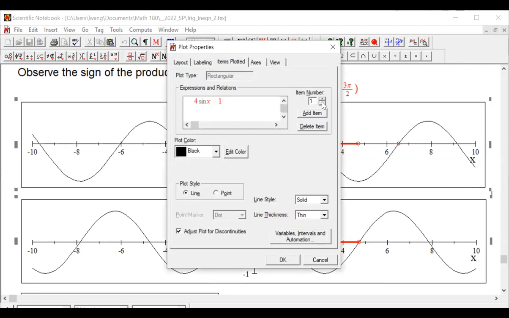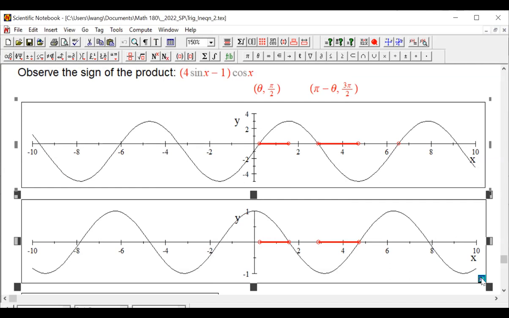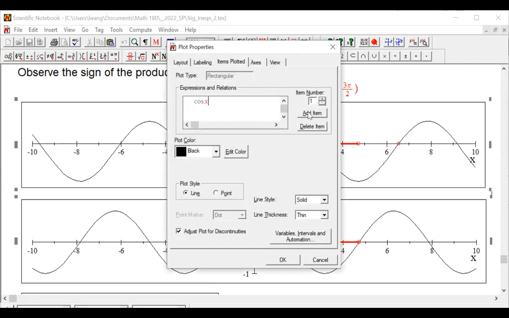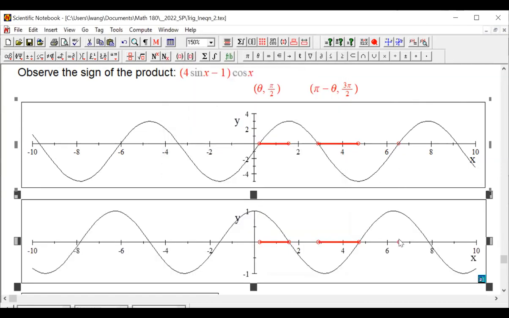Starting from that point on this picture, you can see that's a positive output, so positive times positive is positive, and the curve changes sign here.